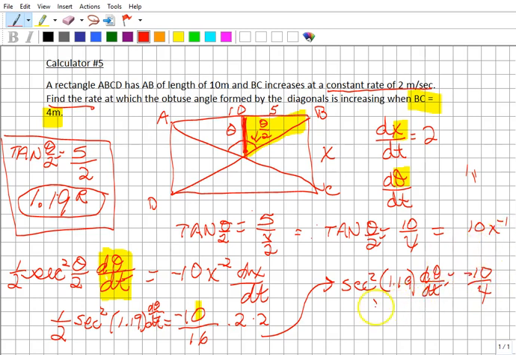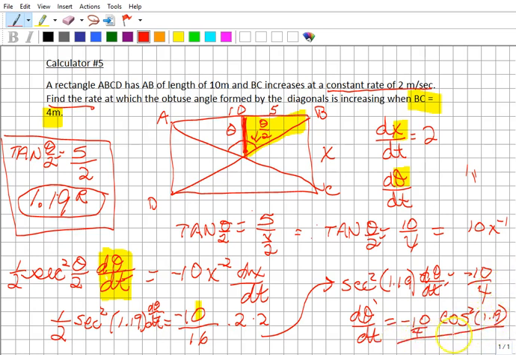And then, to get d theta/dt by itself, well, secant squared is 1 over cosine squared. So if we multiply both sides by the reciprocal of secant squared, that's the same as multiplying both sides by cosine squared. So go to your calculator, negative 10/4 times cosine squared of 1.19. Multiply that into your calculator and you will have the final answer.